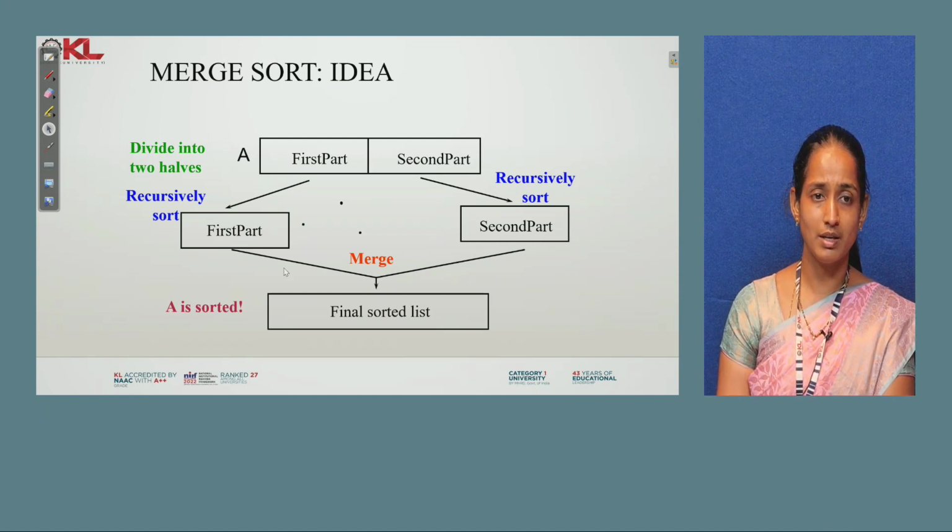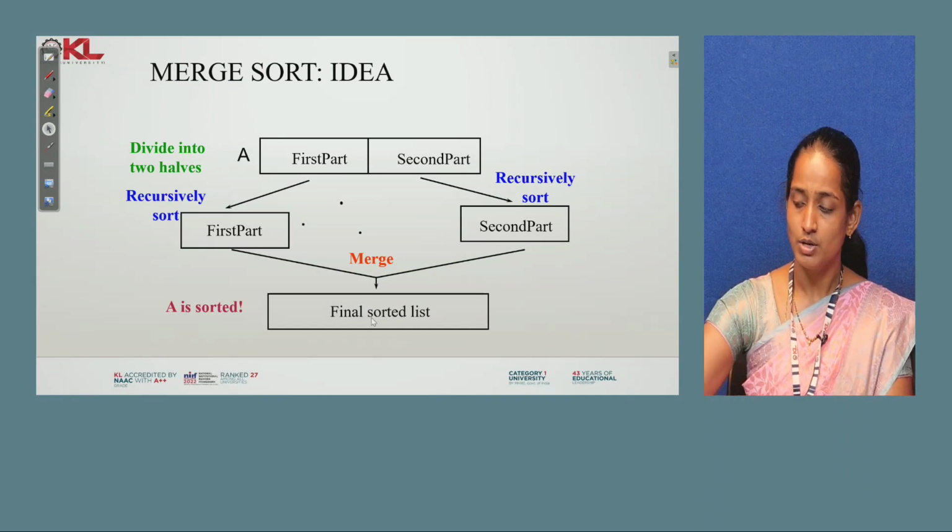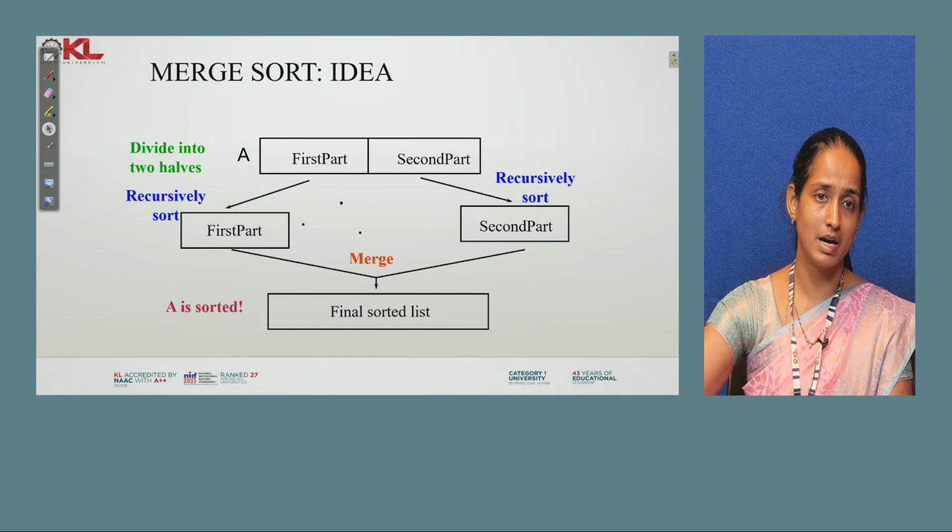Using backtracking, each individual element combines and performs the merge operation, and we get two sorted sublists. On these two sorted sublists we apply the final combine operation, that is the merge operation, to get a final sorted list. This is the basic idea of merge sort using the divide and conquer strategy.